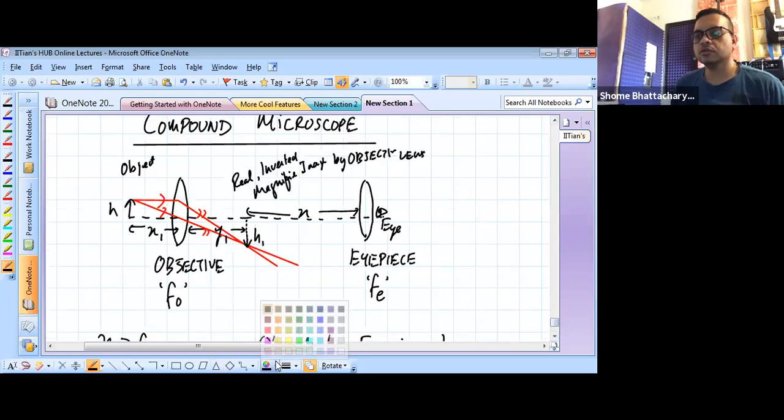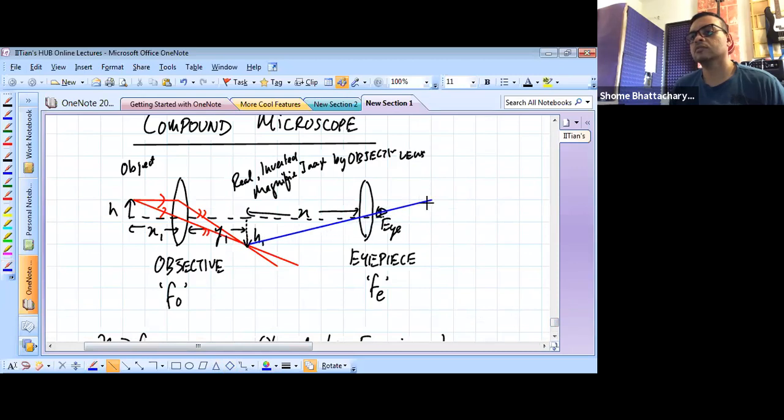Okay, so just create the distinction here with a different color. Okay, so now this one produces an image, let's say somewhere. So this is the image as finally seen by the eye. Because x is less than the focal length of the eyepiece, it will create an image which is further behind, and like this.